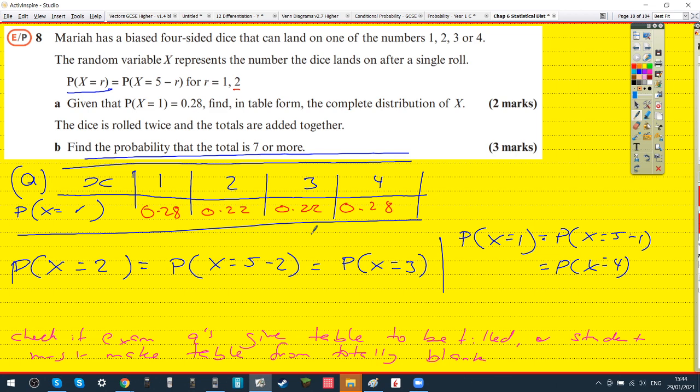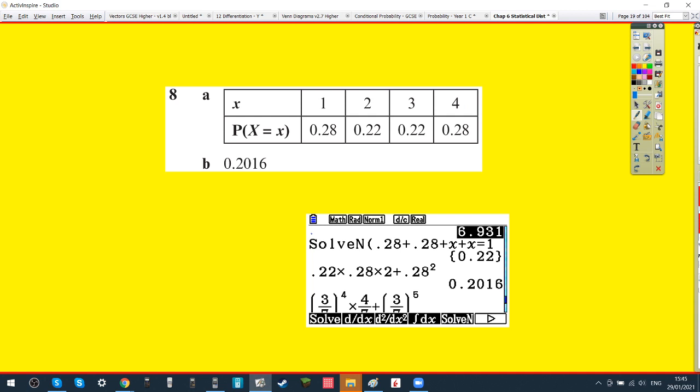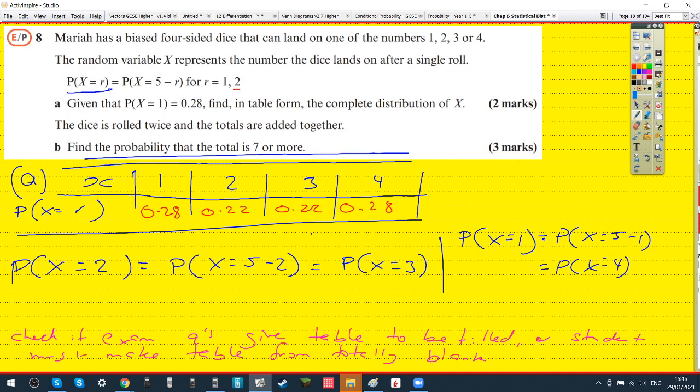Let me see. A dice is rolled twice and the totals are added together. What is the probability the total is 7 or more? Before we do that, this is the binomial thing. How can you get an outcome of 7?